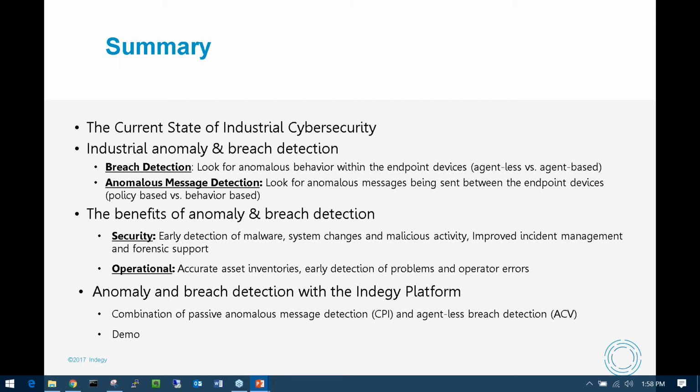It's a combination of passive anomalous message detection, which is offered by CPI, control plane inspection, a network monitoring technology that focuses on identifying the types of communication between the devices within the ICS environment. And then the agentless breach detection approach, which is covered by ACV, Indegy's agentless controller validation, which detects breaches on the endpoint devices, being controllers in this case.